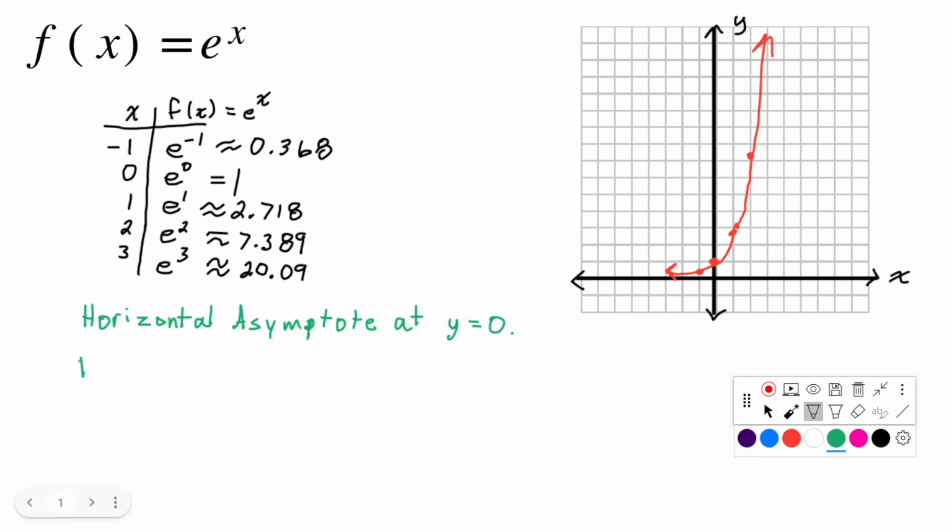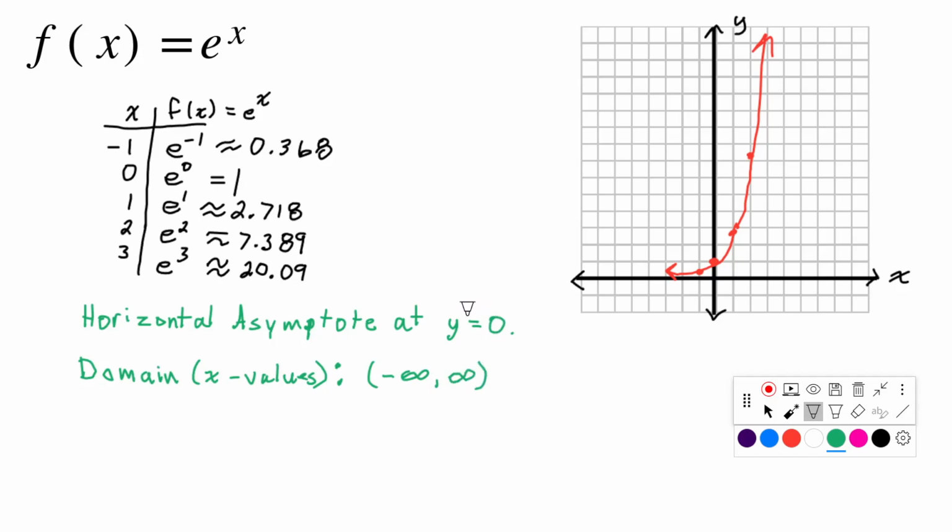Domain, that's x values, going from negative infinity to infinity.